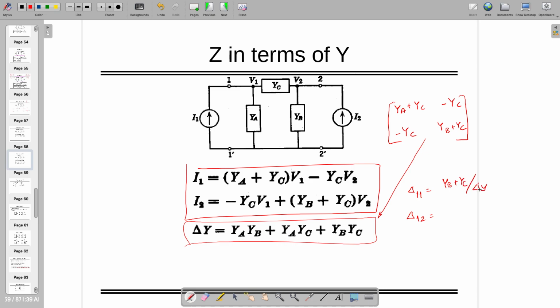We are removing these two and writing here, multiplied by minus 1 raised to 1 plus 1. Sir, for delta, we need not divide by delta. For the z parameter, yeah, you're right. My mistake.